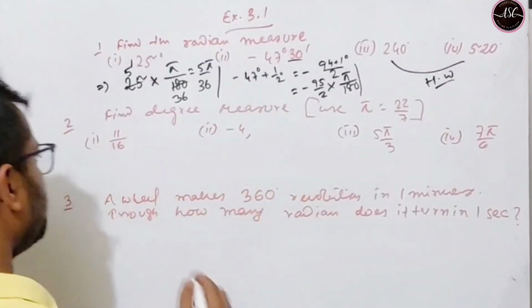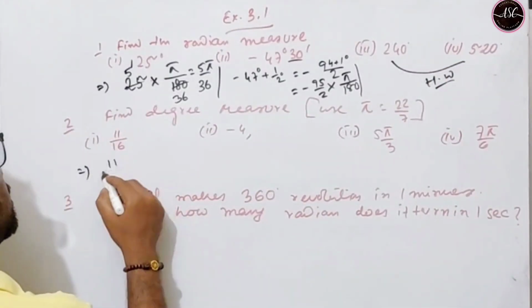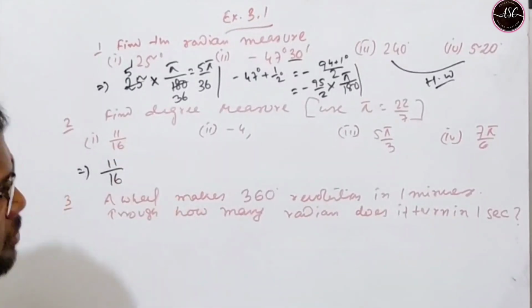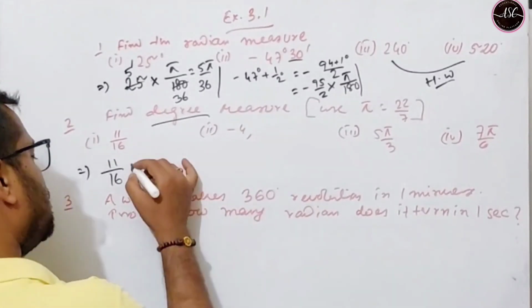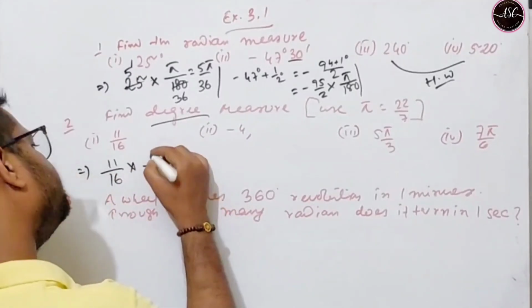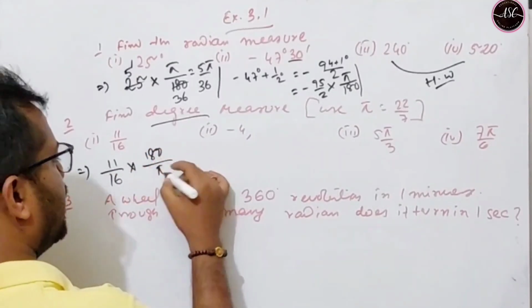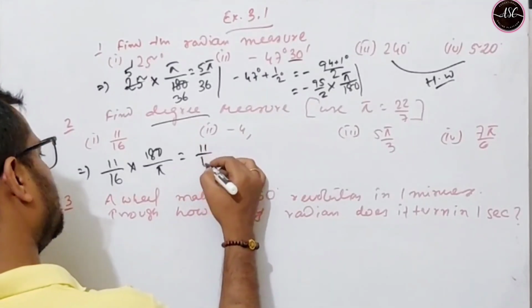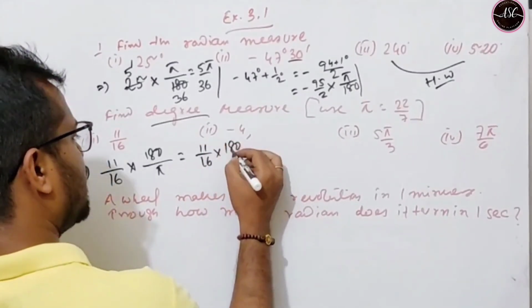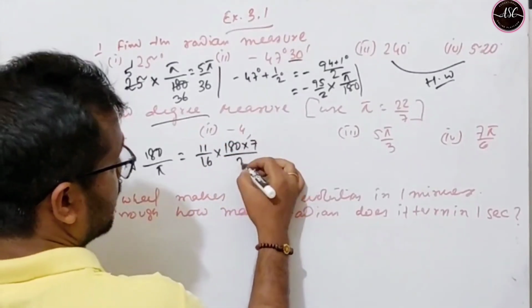Okay, now for this, here this is the radian value, we have to convert to degree value. So simply multiply this with 180 by pi and replace the pi by 22 by 7. We get 11 by 16 into 180 into 7 by 22.